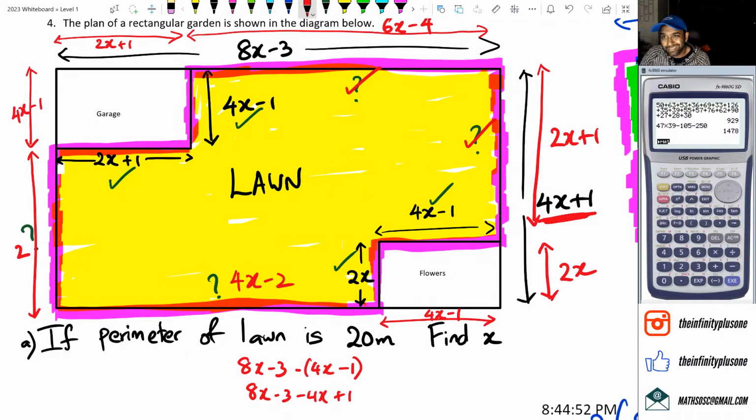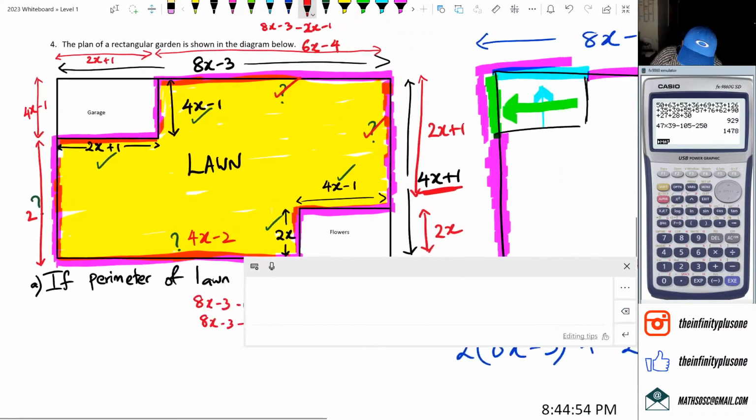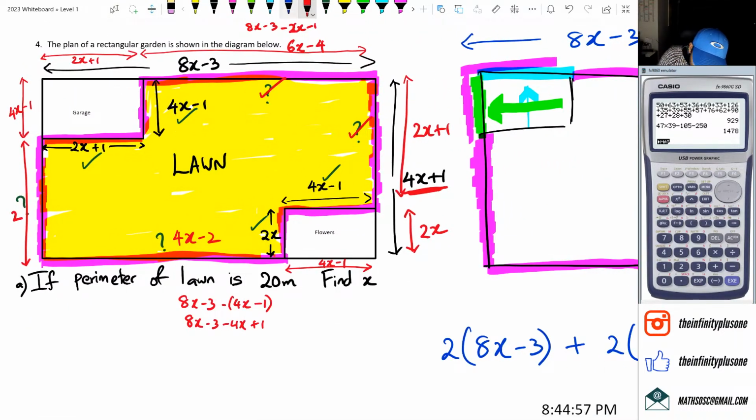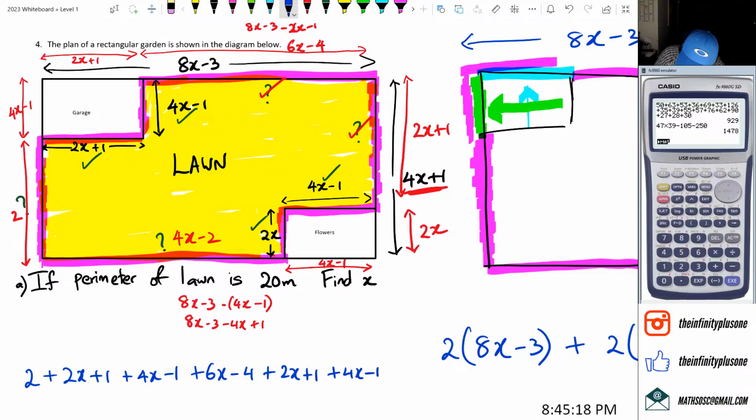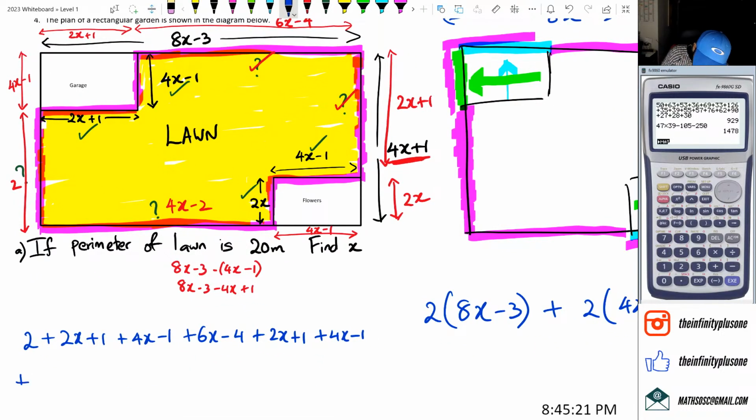Now, as you guys can see, your perimeter for this side is going to look so much uglier, because I'm going to start from the bottom left and go around. So I've got 2 plus 2x plus 1 plus 4x minus 1 plus 6x minus 4 plus 2x plus 1 plus 4x minus 1 plus 2x plus 4x minus 2 is equal to 20.